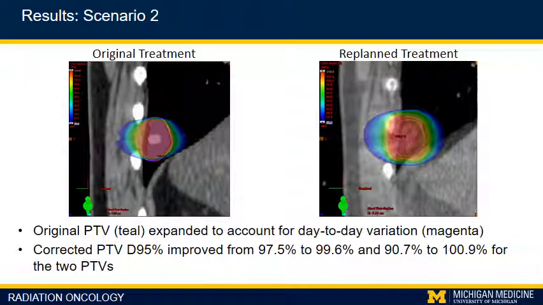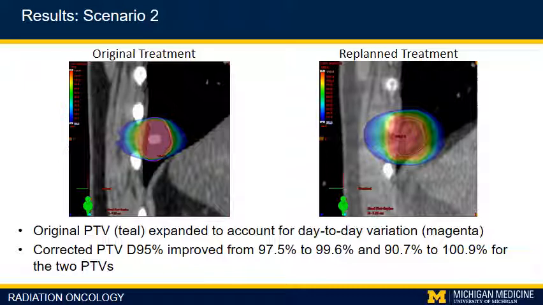Sagittal views for the original treatment plan and the replanned treatment for one of the two tumors in the two-target lung treatment scenario are shown here, with the original PTV shown in teal and the expanded PTV shown in magenta.